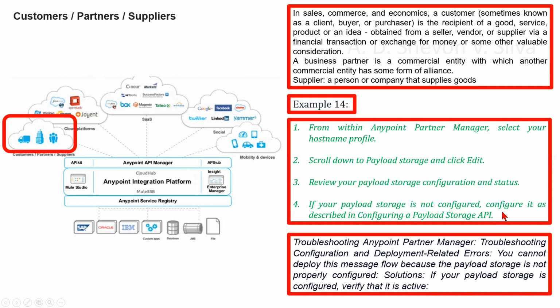The cause is that you have not configured the payload storage. The solution is, if your payload storage is configured, verify that it is active. From within Anypoint Partner Manager, select your host name profile, scroll down to payload storage and click edit. Review your payload storage configuration status, and if your payload storage is not configured, configure it as described in configuring a payload storage API.